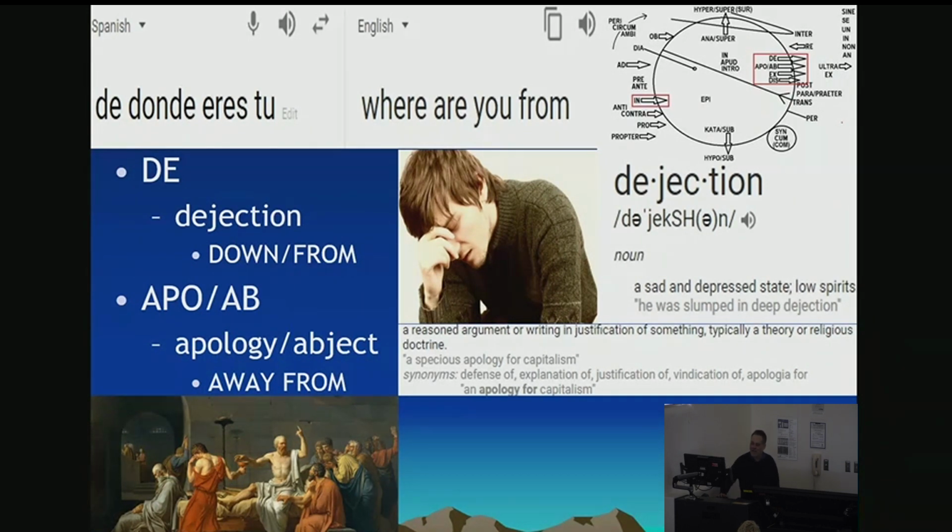All right? So apology in ancient Greek, get ready, does not mean I'm sorry. Apology originally means explanation or defense of a position. Okay? Look at that. A reasoned argument or writing in justification of something, typically a theory or religious doctrine.